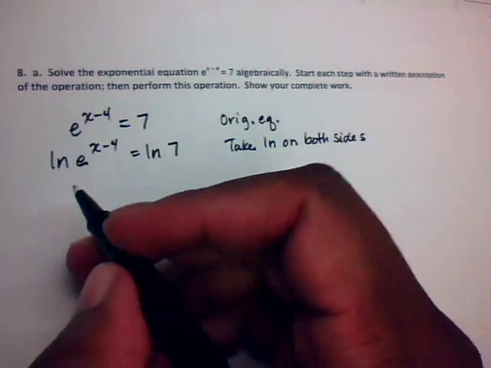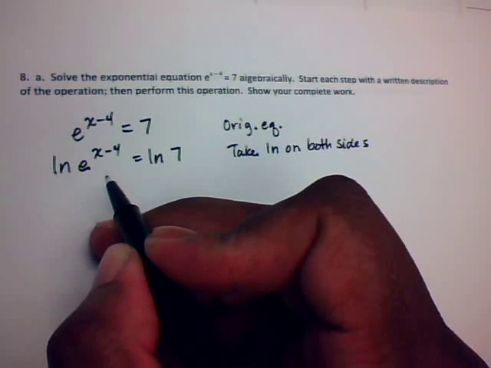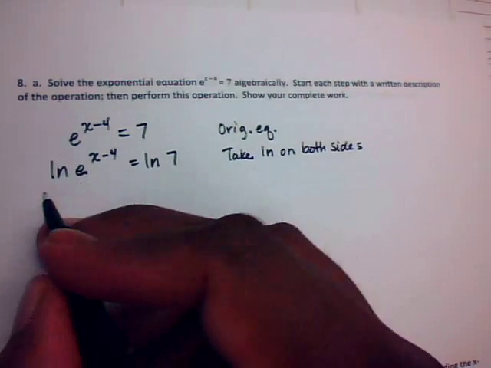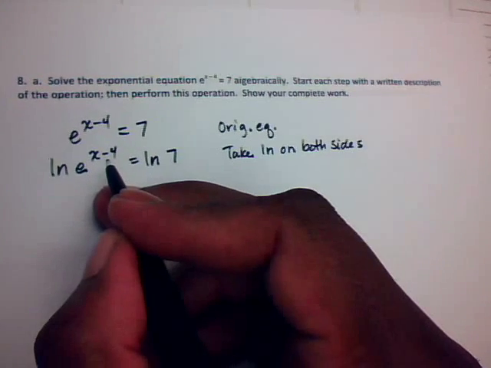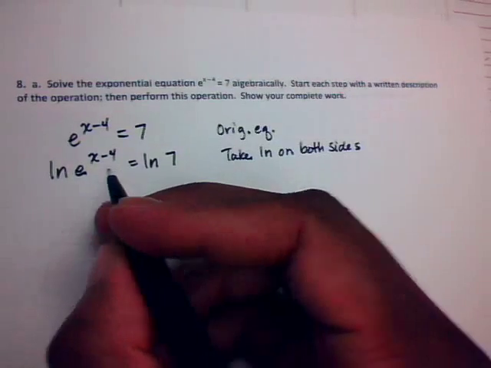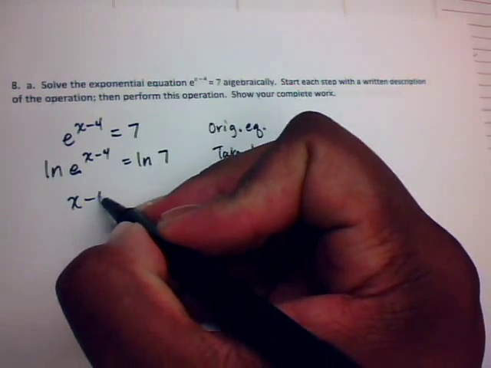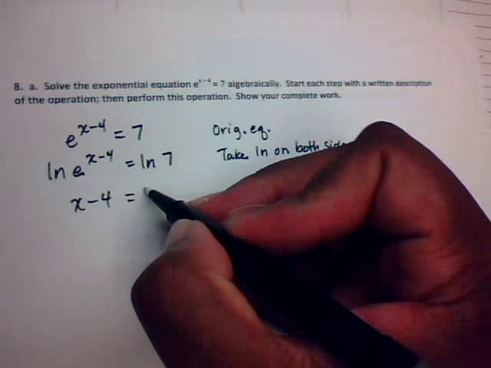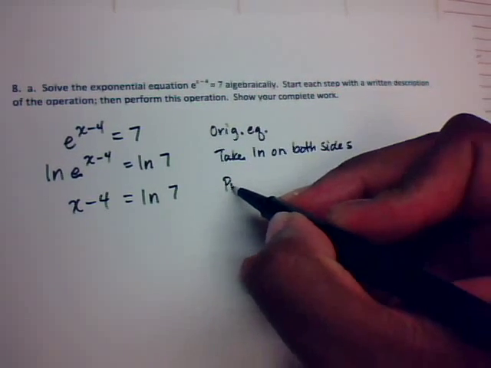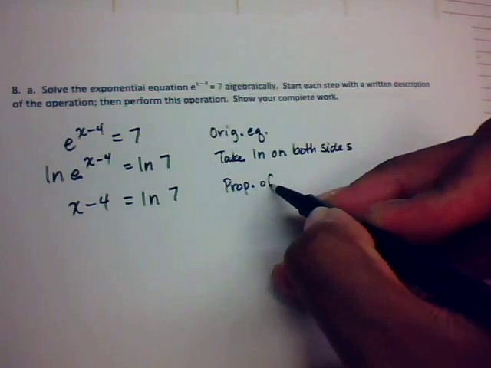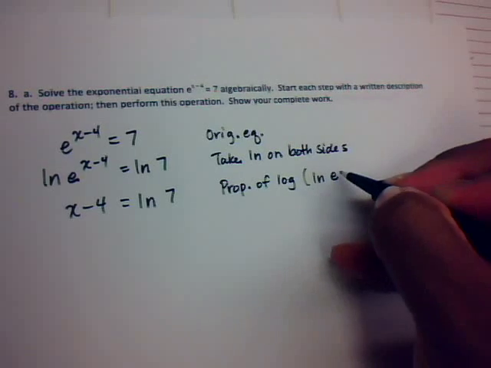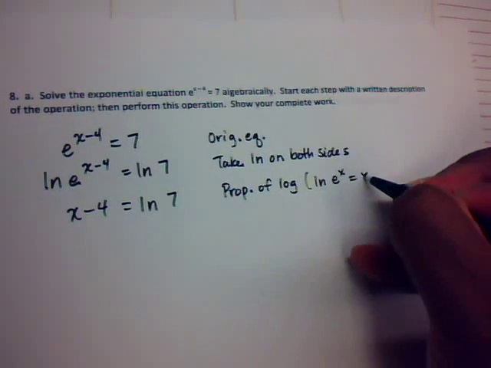Then I apply the properties of natural logarithms, where ln of e to whatever the exponent is, is that exponent. So ln of e to the x minus 4 is simply x minus 4. That's equal to ln of 7. This is just a property of logarithms where ln of e to the exponent is that exponent.